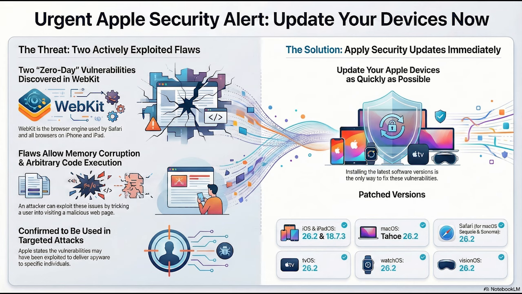And the language Apple used in its advisory, it was highly specific, and it really should make everyone sit up and listen. They stated they were aware of a report that these two CVEs may have been exploited in an extremely sophisticated attack against specific targeted individuals. That combination of phrases tells you the entire story.